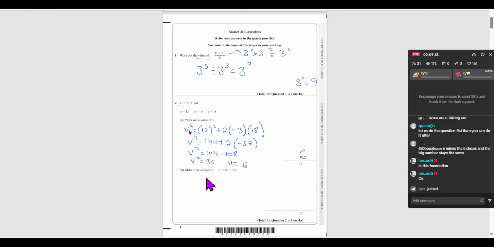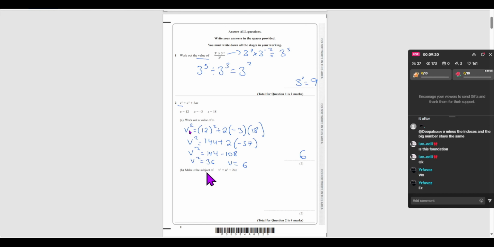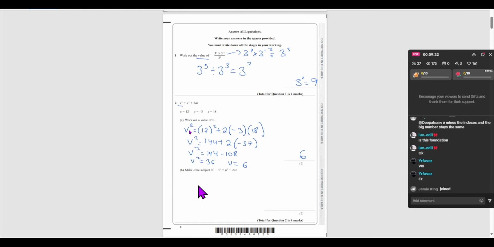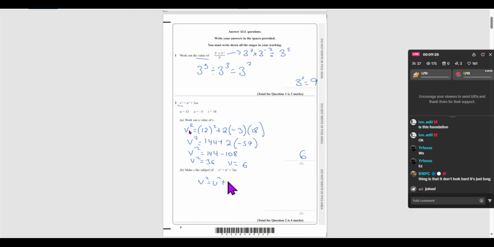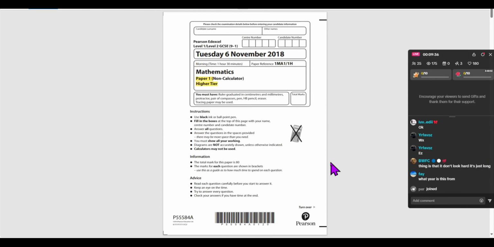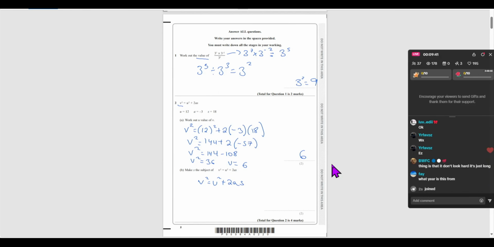Make s the subject of v squared is equal to u squared plus 2as. Now, we write it down, so we're going to get v squared is equal to u squared plus 2as. This is 2018, higher tier, paper 1, okay?